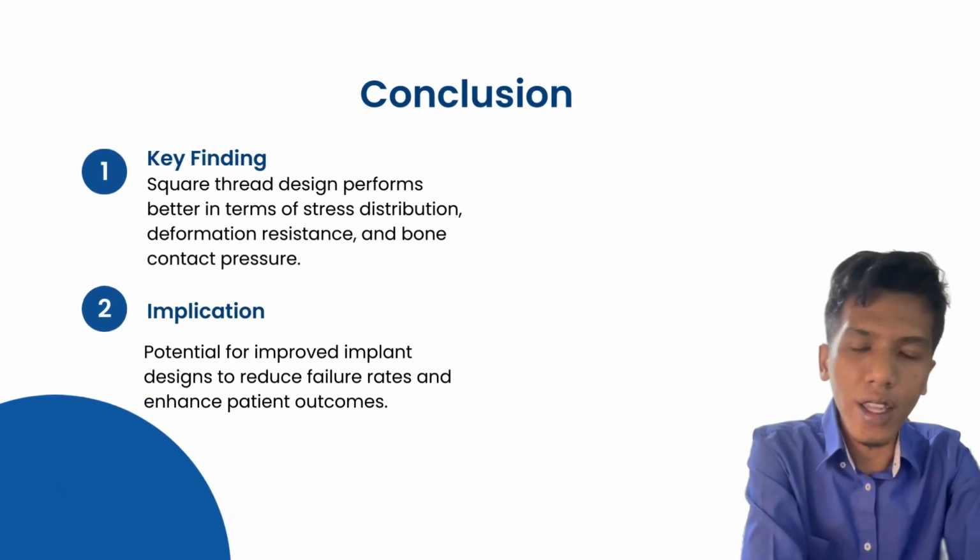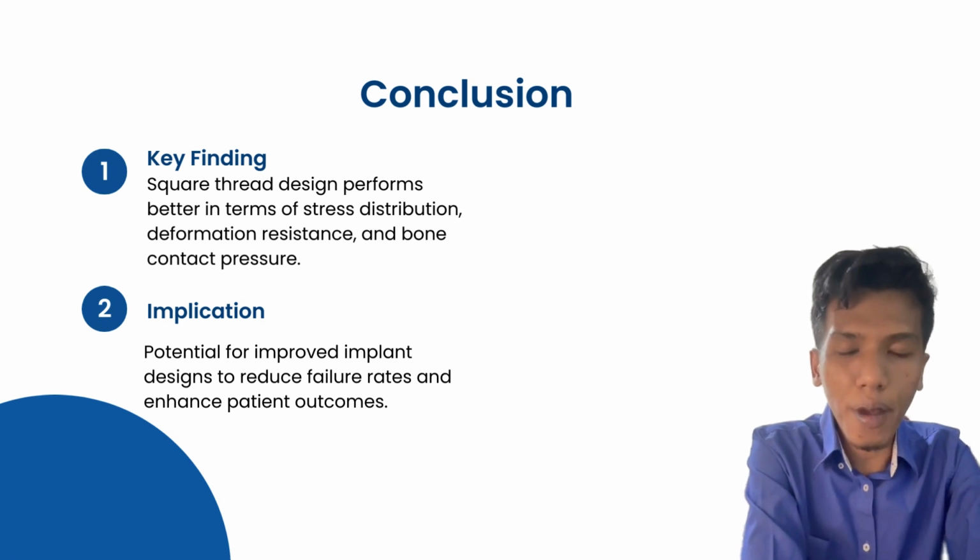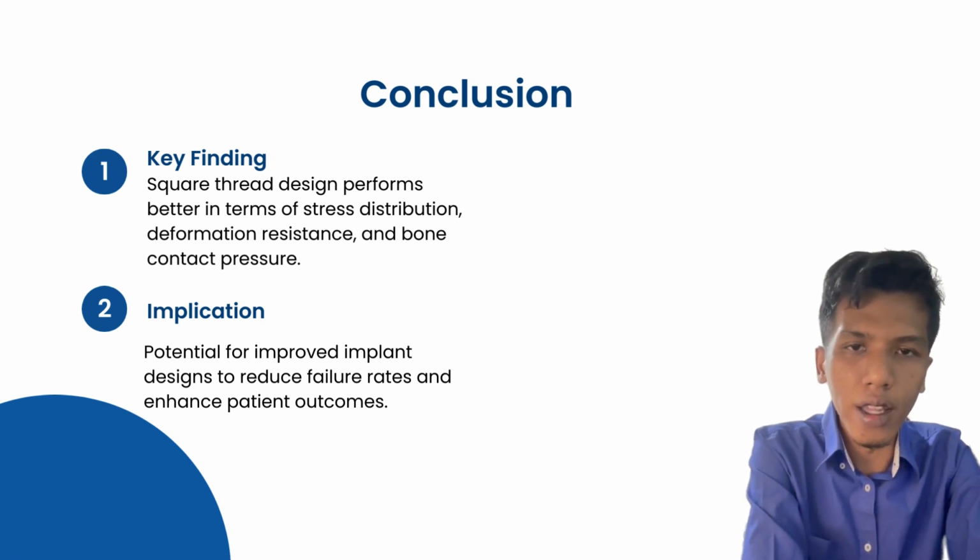Basically, what we intend to do here is compare the square and the spiral thread design, and how effective they are when comparing only these two parameters. In this conclusion, we find a key important result: the square thread design performs better in terms of stress distribution, deformation resistance, and also bone contact pressure.